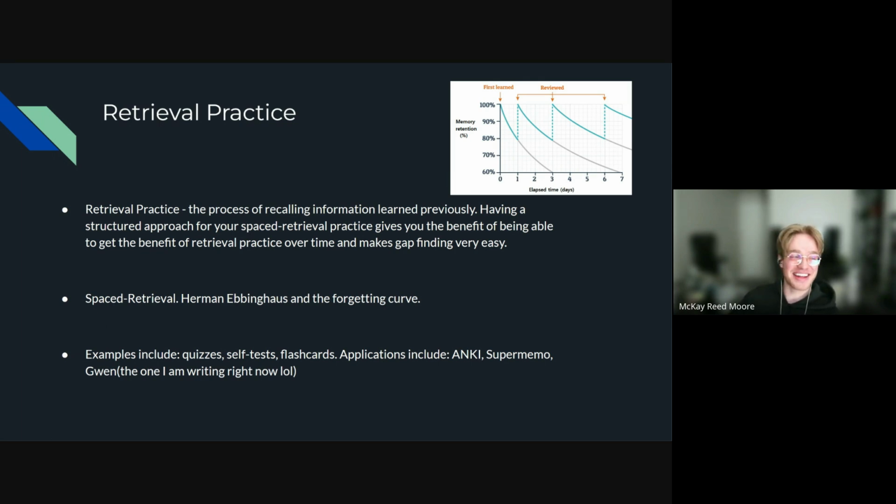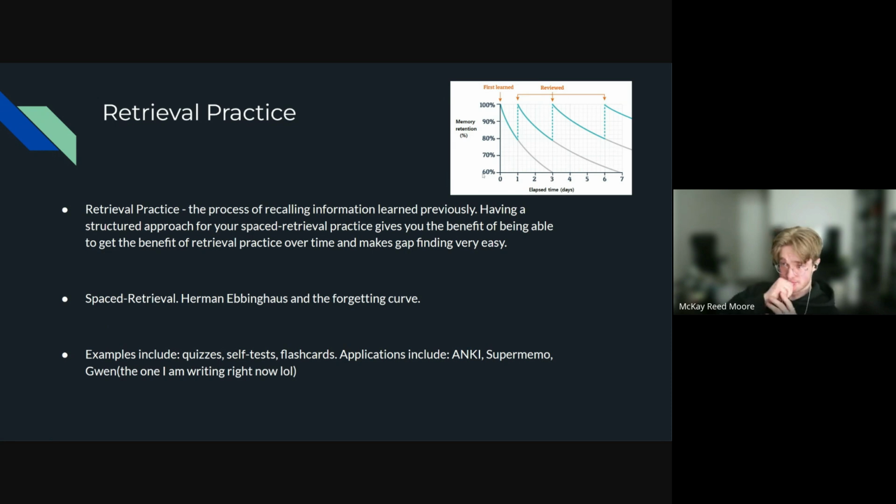And he found that when he initially learned something, he was able to recall the list. And this is the graph up in the top right, but he had this initial memory on this particular thing. And then as he continued, he forgot the thing relatively quickly. I don't know exactly if this graph is correct, but it's more about illustrating an idea. We have first learned, we have 100%. And then in just 1 day's time, I have 80%, right?